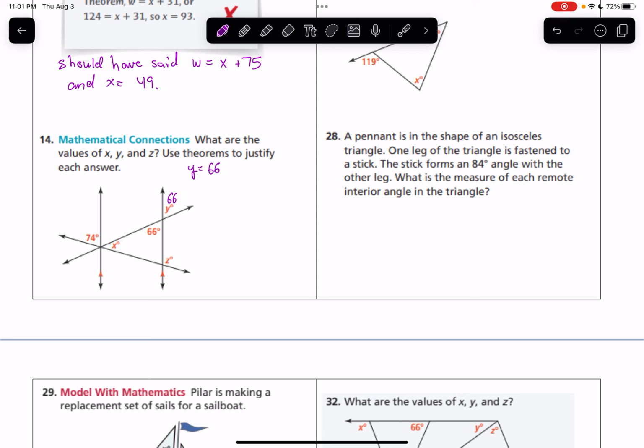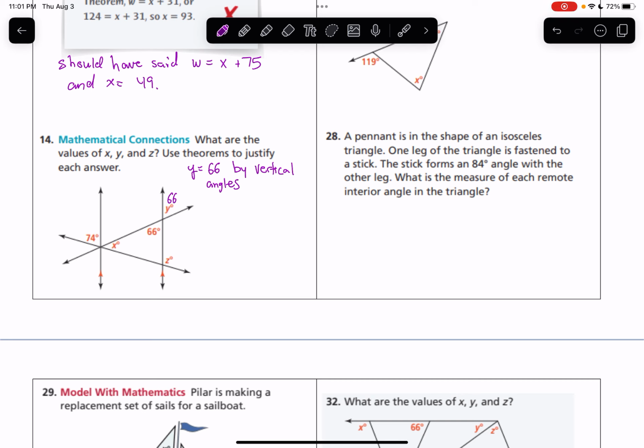Y is equal to 66 degrees by vertical angles. Okay? Then I know that z, do I get z next? Now I'm questioning myself. I'm second guessing myself.